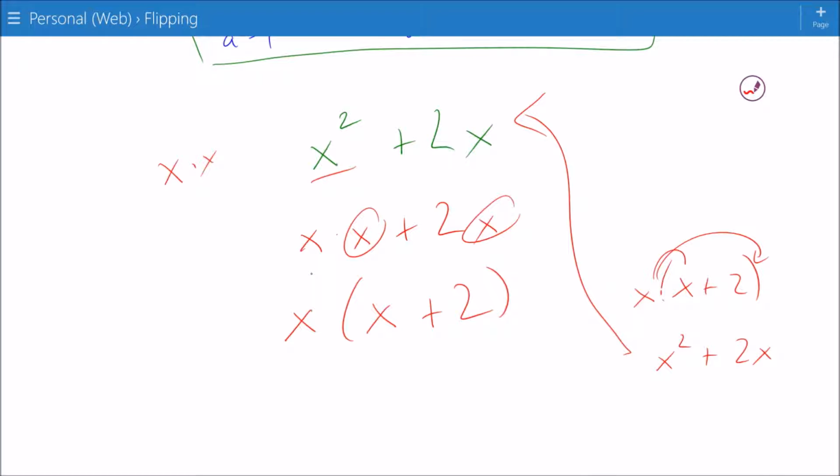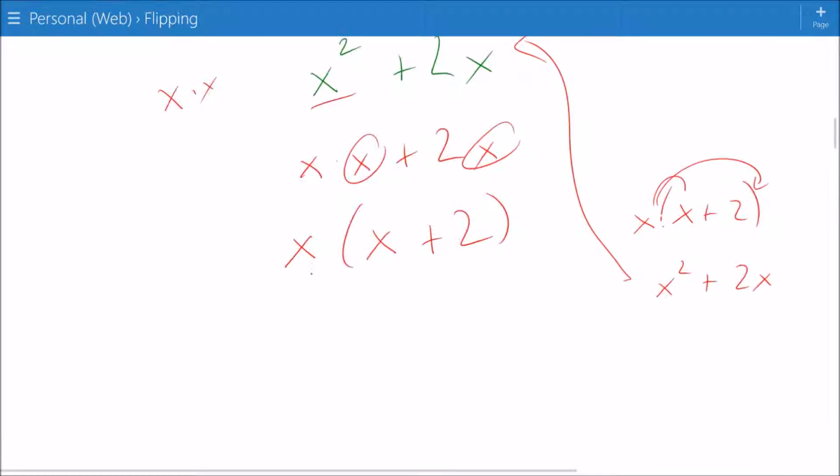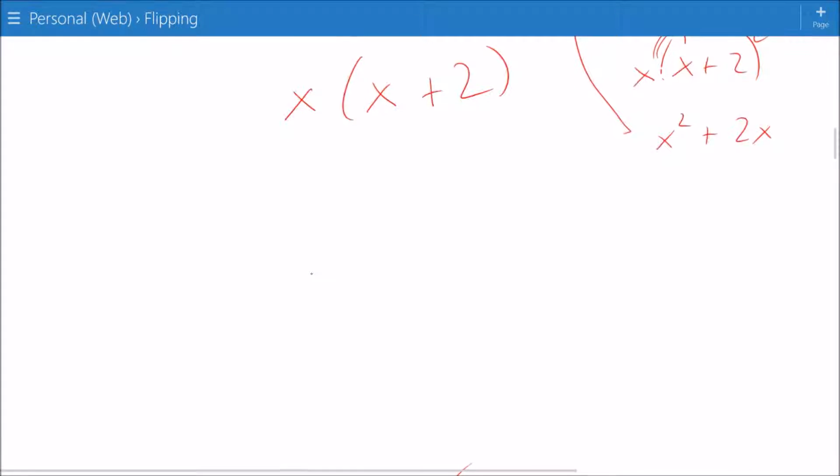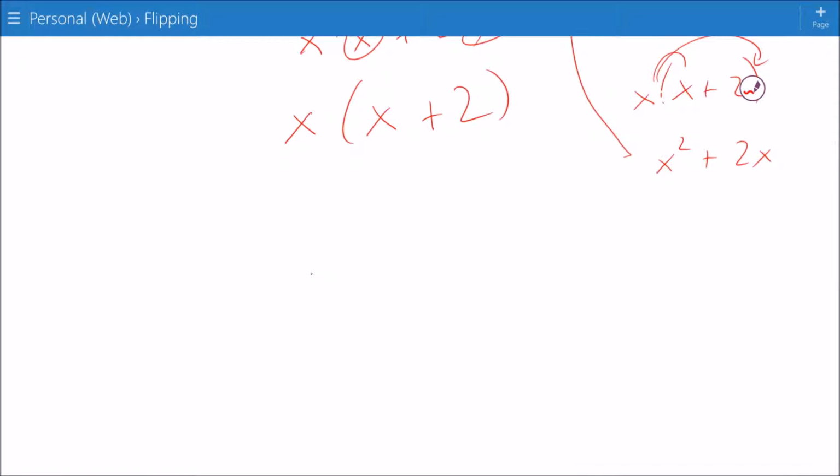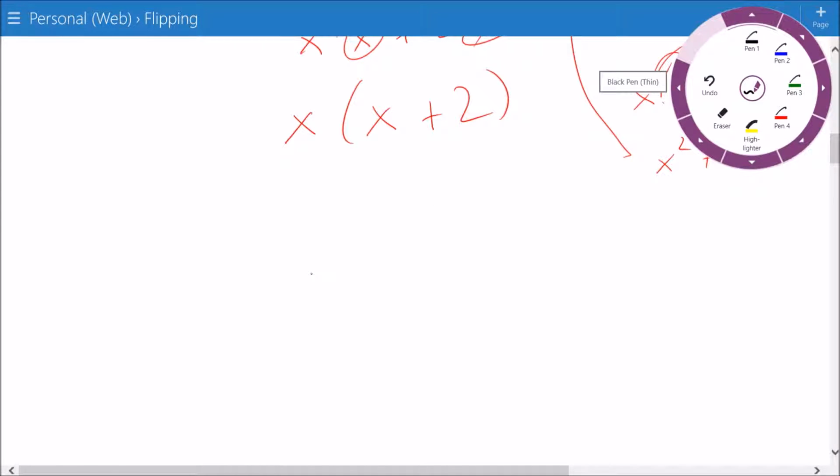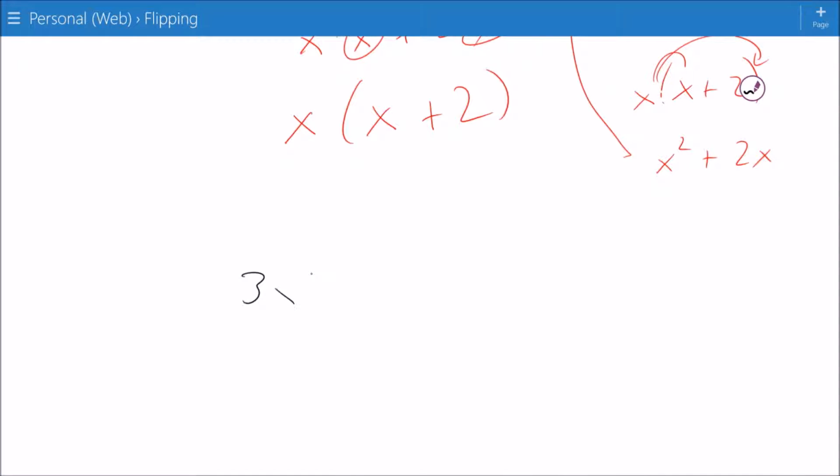It can be a variable. It could as easily be a constant. So I could have something like 3x squared plus 6x plus 9.